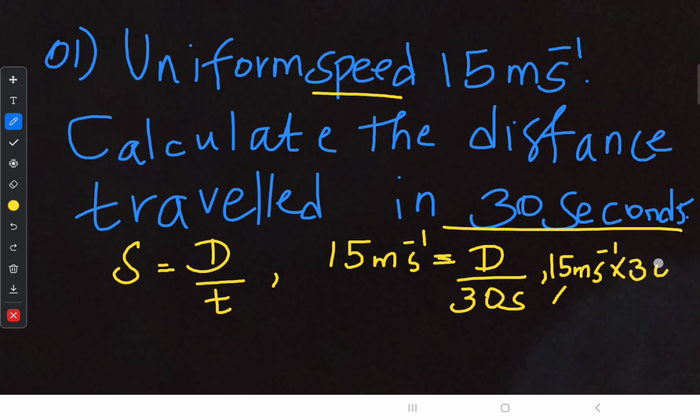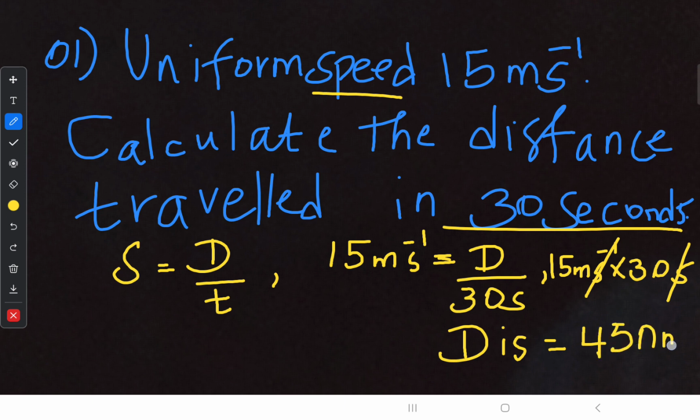Here you can see second to the power of -1 and second to the power of 1, so that can be cut off. Then 30 multiplied with 15 meters will give you the distance. Distance equals 15 meters into 30, totally 450 meters.